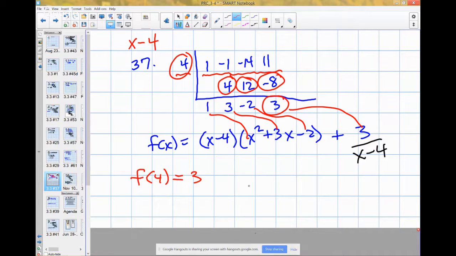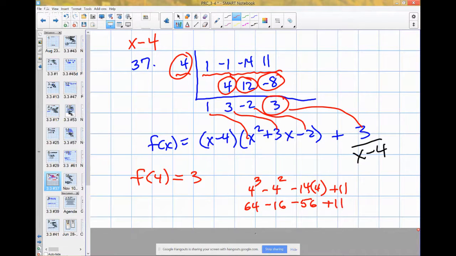So you got basically 4 cubed minus 4 squared minus 14 times 4 plus 11. So let's just do the arithmetic. That's 64 minus 16 minus 56 plus 11.